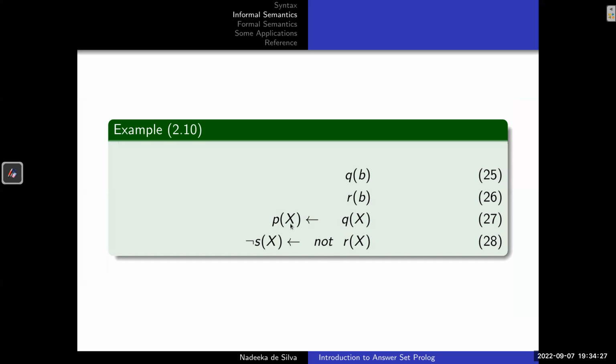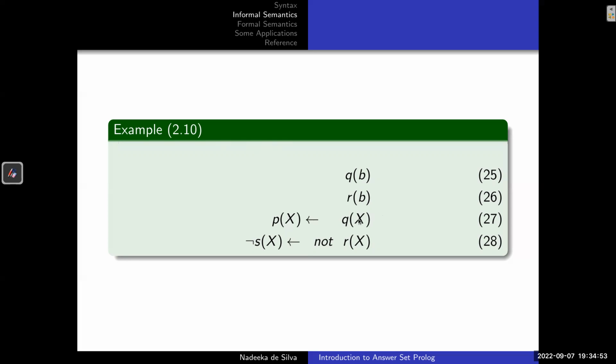So when we have variables, before computing the answer set, I have to ground this program. To ground this program, I have to replace all the variables with all the objects in our signature.